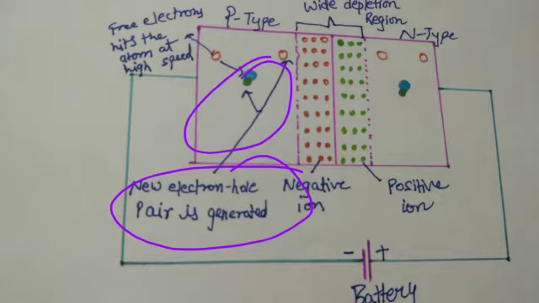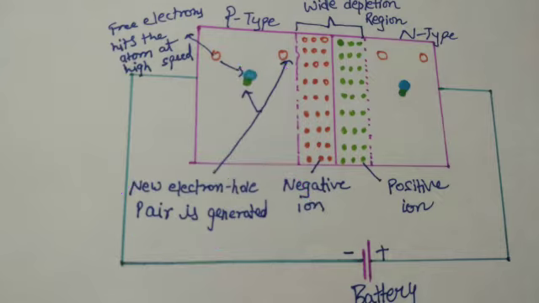This sudden increase in electric current may permanently destroy the normal diodes. However, avalanche diodes may not be destroyed because they are carefully designed to operate in avalanche breakdown region. Avalanche breakdown occurs in Zener diode when Zener voltage is greater than 6 volt.